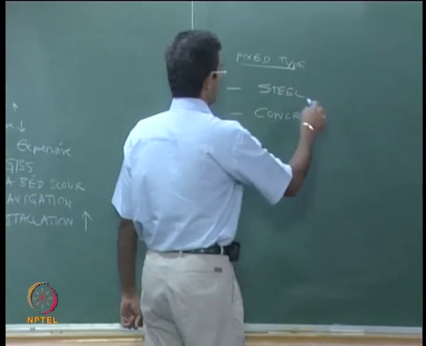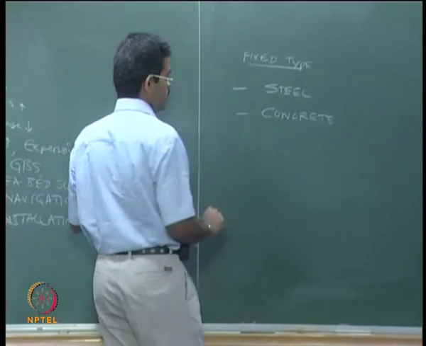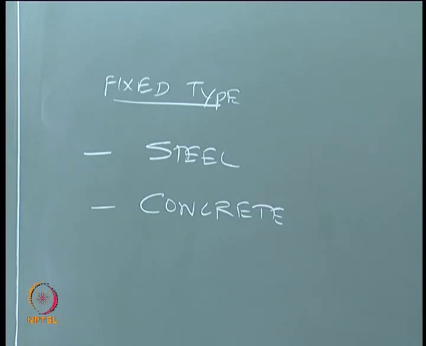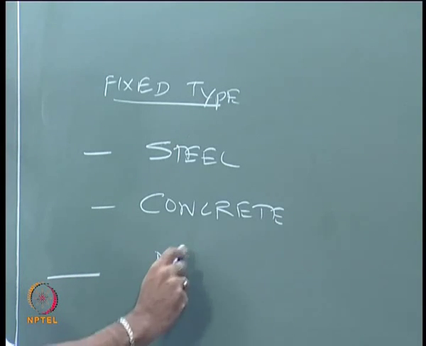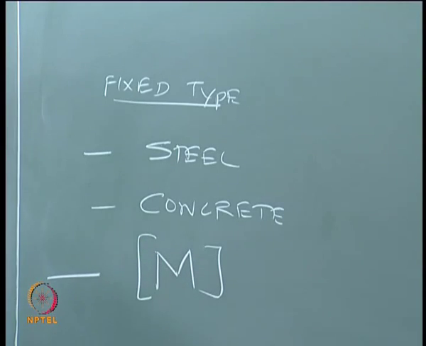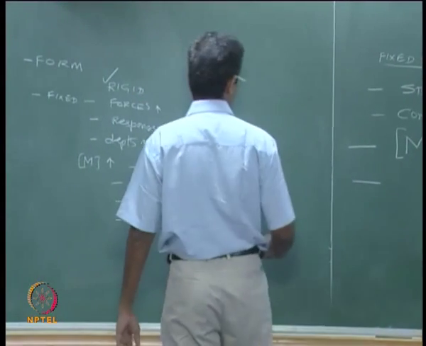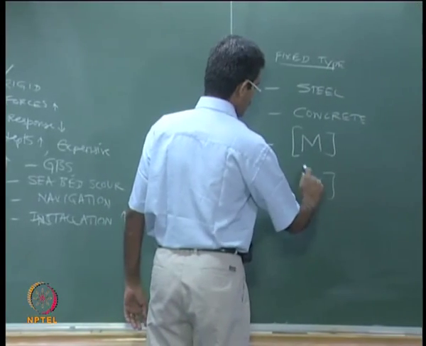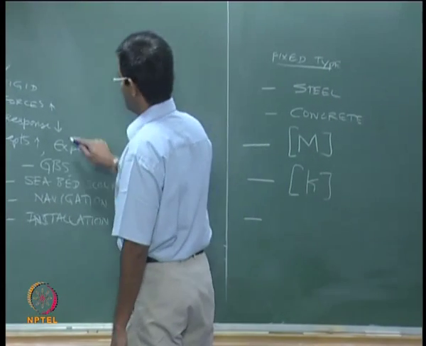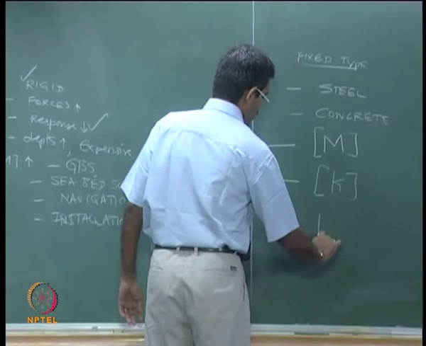Now, based on the material properties and the type of form, we derive basically three basic concepts of understanding required for dynamic analysis. One is the mass of the platform. When we talk about rigidity, we talk about stiffness. When we talk about response, we talk about forces.